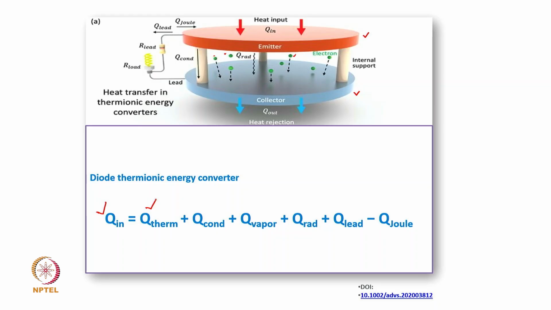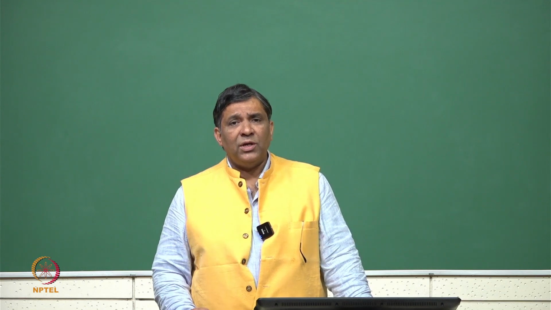Now, we have a different path of heating also. One path is that heat is carried by the electrons which are emitted from the emitter.